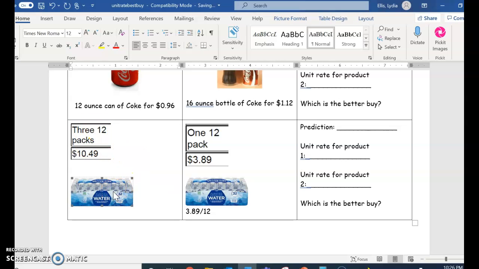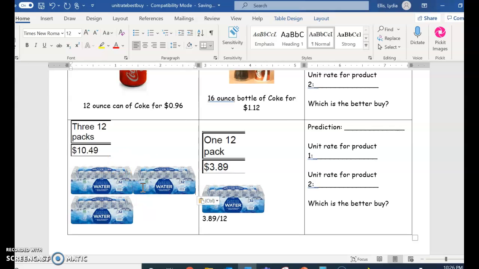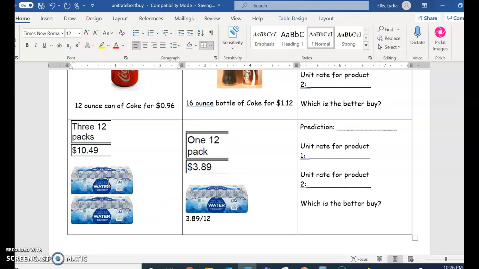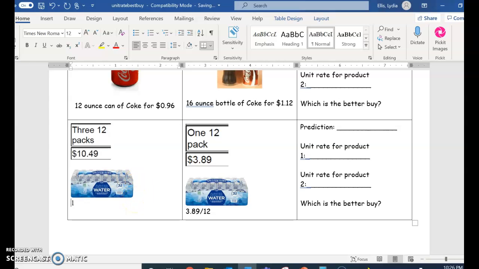So if I had this pack, and then another pack, and then another pack, and there were 12 in each, 3 packs, 12 times 3, or if I added 12 three times, would be 36. So what I would need to do here is $10.49 divided by 36. And that is how you find your unit rate for those 2 items.